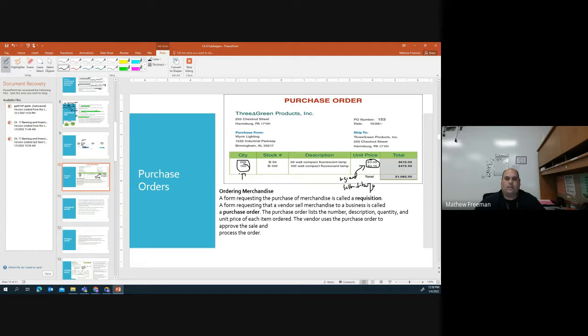Now, if this quantity cannot be fulfilled by the seller, then the purchase order needs to be canceled and corrected for what the seller can agree upon. This is basically telling the seller, I want this quantity at this price, so I'm going to spend this much money, no more. And if you approve it, that's what I'm going to send you a check for. Okay?